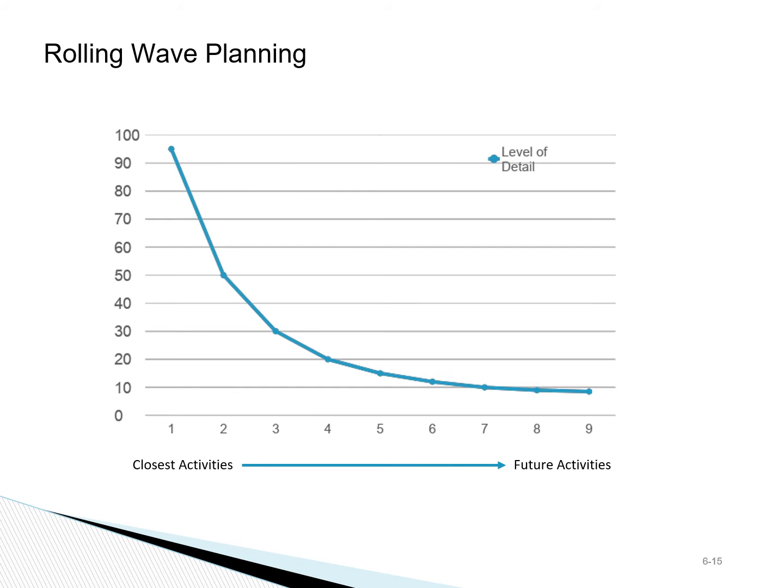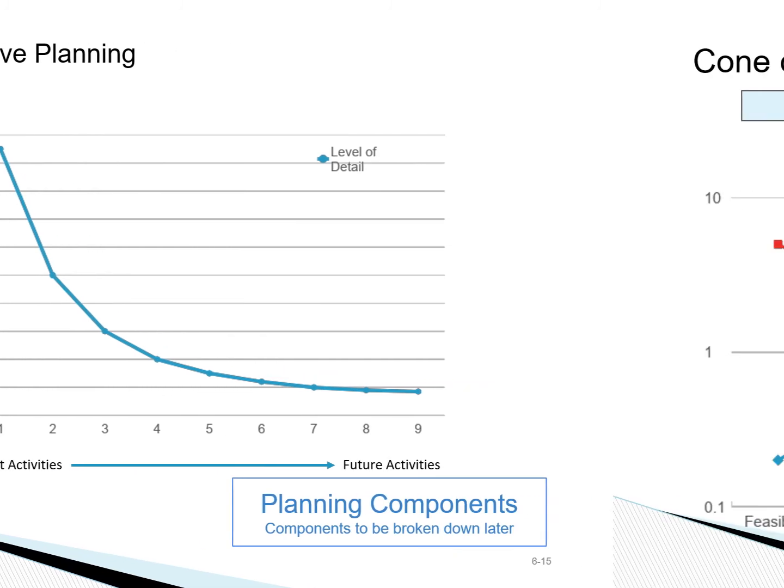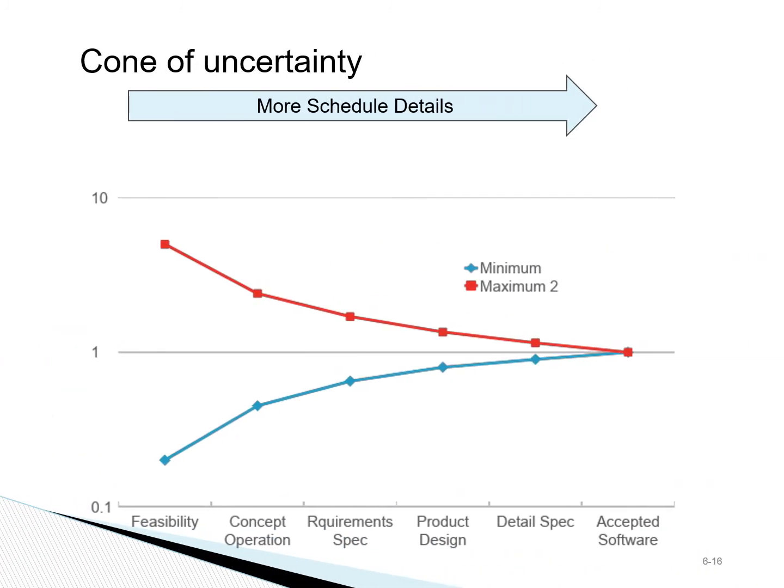So as we move further and further on the project, we keep decomposing the activities that are closest to us. As we go through more iterations of the work breakdown structure, our level of uncertainty is reduced, because as we move on the project, more details about the project are known, as shown on this graph.